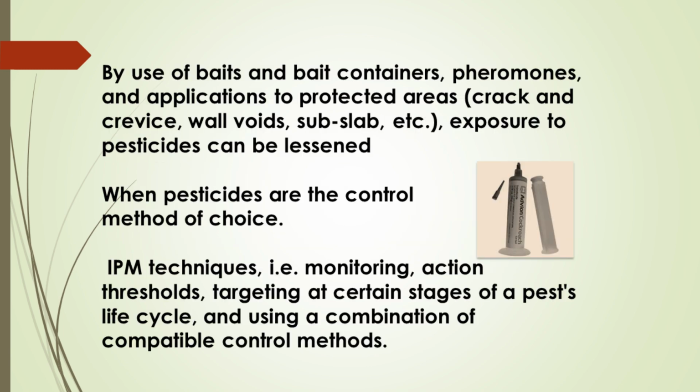By use of baits and bait containers, pheromones, and applications to protected areas, crack and crevice, wall voids, subslab, etc., exposure to pesticides can be lessened. When pesticides are the control method of choice, IPM techniques, i.e. monitoring, action thresholds, targeting at certain stages of a pest life cycle, and using a combination of compatible control methods.